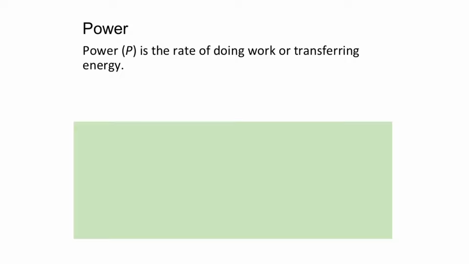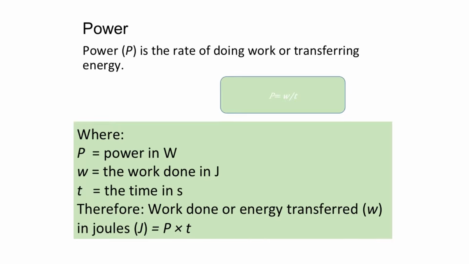And then I would like us to check the power. We say power is the rate of doing work or transferring energy. Power, P, is equal to W over T, where W is the work done, measured in joules, P is the power, measured in watts, and T is the time, measured in seconds.